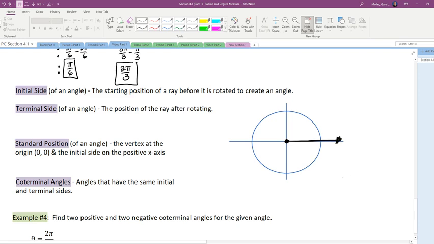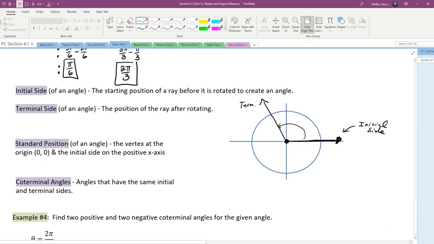So that is always going to basically be my initial side. And then I'm just going to rotate it around, and wherever I stop is the terminal side. So if I open this angle up and I stop right here, then that would make my terminal side.